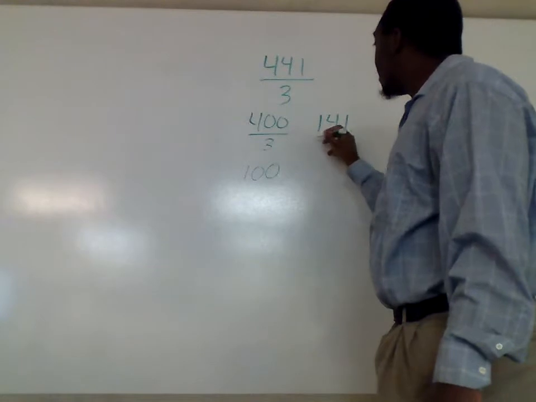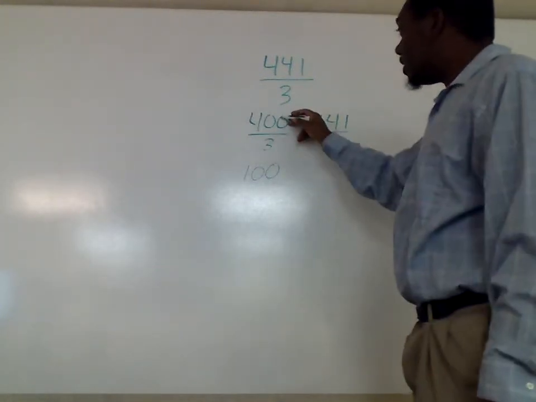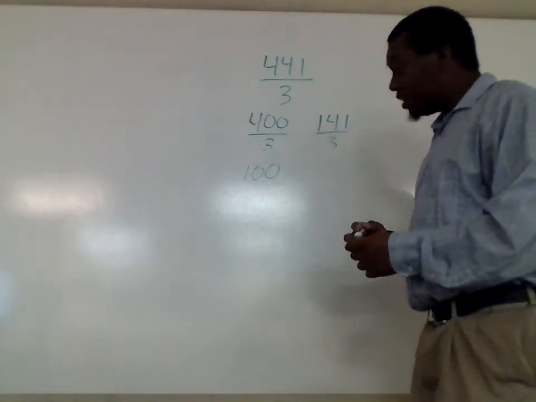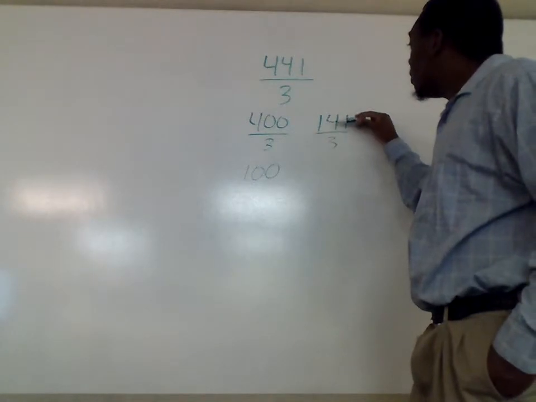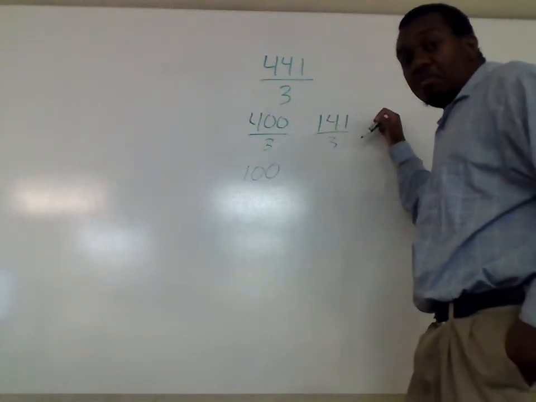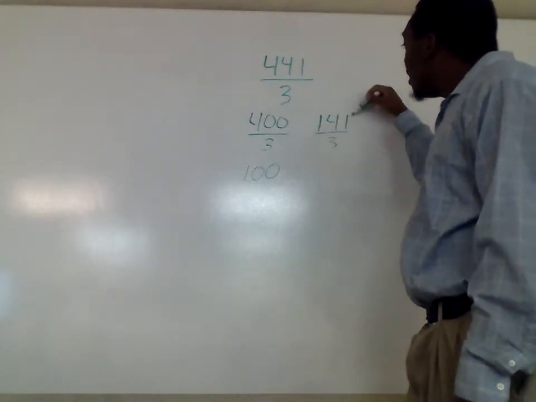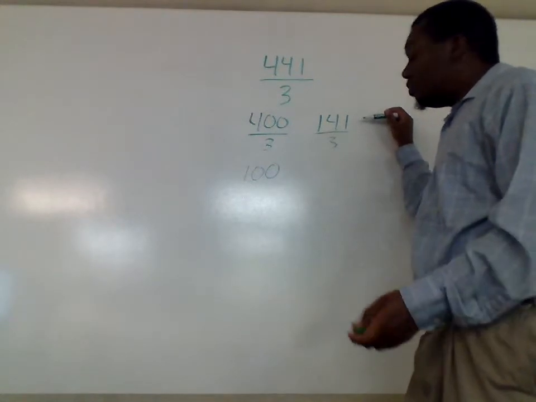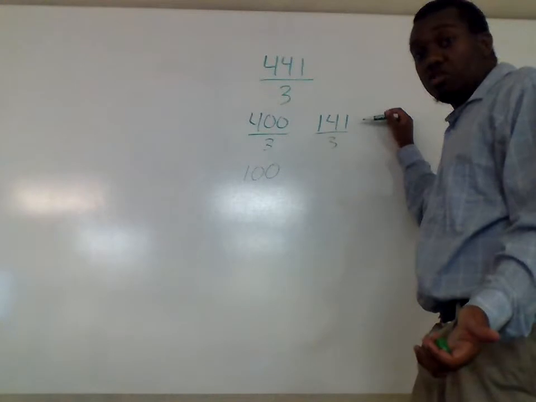So we now have 141 divided by 3 because we already did 400 divided by 3 and we approximated it to be 100. So the next part here, we're going to do 141 divided by 3. And you may approximate that and say, okay, well, I know if I'm looking at about 140, what would be a good estimate to use?